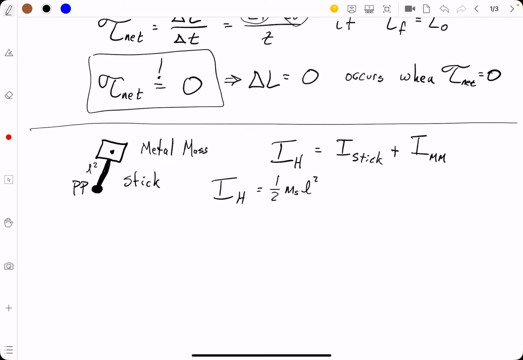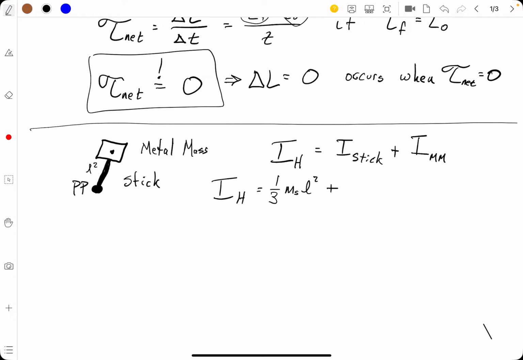Same for a disc. Where's the stick? Didn't I do a rod, a long rod? I swear I did. See, I don't memorize these things. I just want you to know. I do not memorize them. Oh, I'm so glad I looked. It looks like it's 1/3 ml squared. And I'm pretty sure Nick knew that. Nick is catching me. Okay, so 1/3 ml squared for the stick, all right?